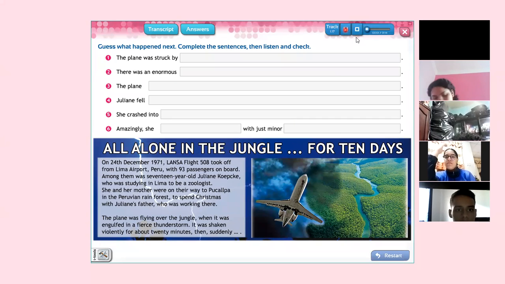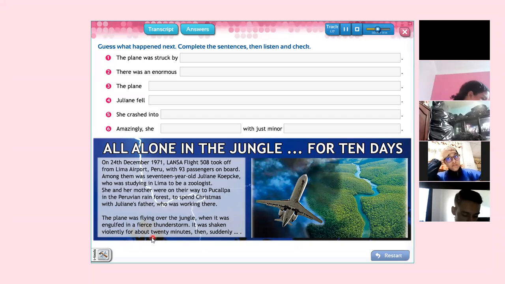All alone in the jungle. On the 24th of December 1971, Lancer Flight 508 took off from Lima Airport, Peru, with 93 passengers on board. Among them was 17-year-old Juliana Koepcke, who was studying in Lima to be a zoologist. She and her mother were on their way to Pucallpa in the Peruvian rainforest to spend Christmas with Juliana's father, who was working there. The plane was flying over the jungle when it was engulfed in a fierce thunderstorm.